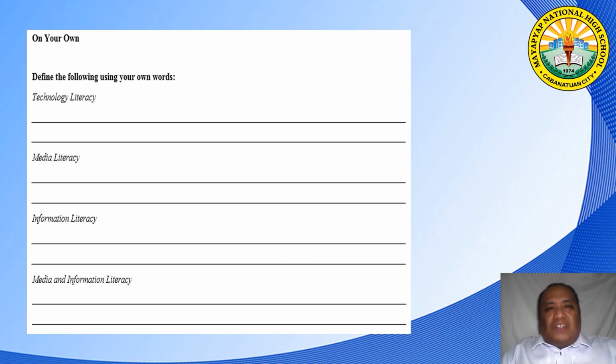Alright, so I'm sure we have covered everything we need to discuss. So at this time, I want you to give your own definition of the following terms. So on your activity sheets, write at least 2 to 3 sentences on how you understood the following terms: technology literacy, media literacy, information literacy, and the last one, media and information literacy.